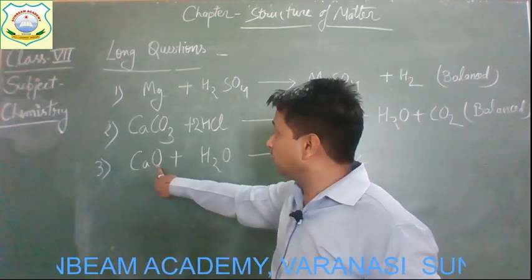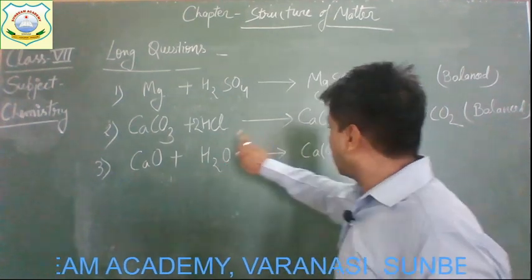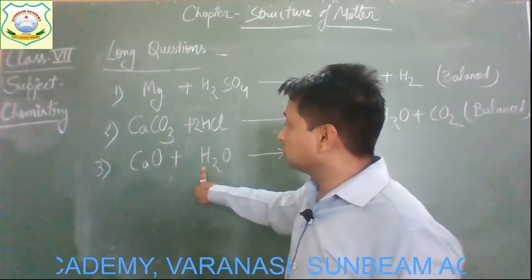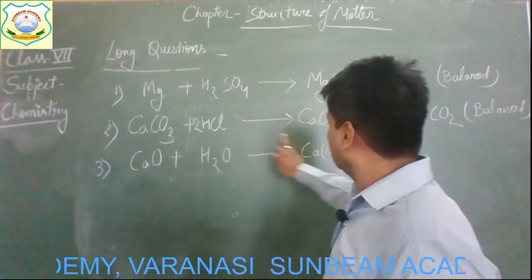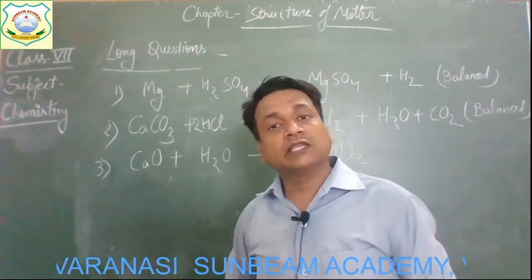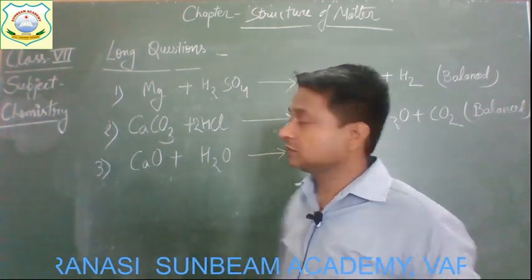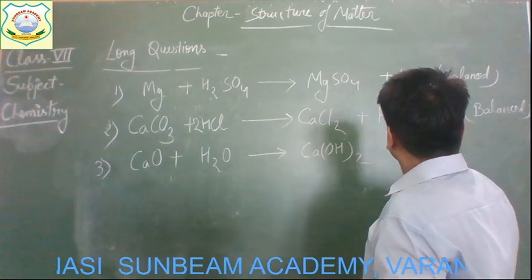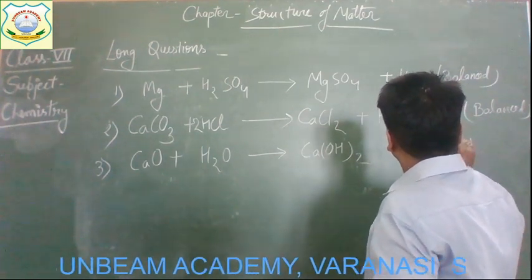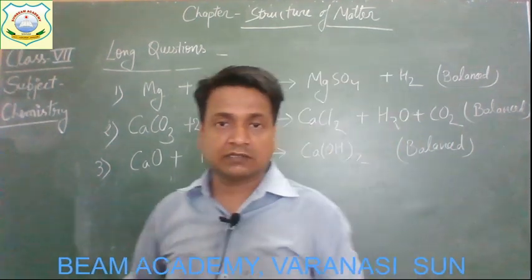Oxygen on the left side 1 plus 1, 2 atoms, and on the right side it's also 2 atoms. Hydrogen on the left side 2 atoms and on the right side it's also 2 atoms. It means that this equation is already balanced, and there is no need to balance it.